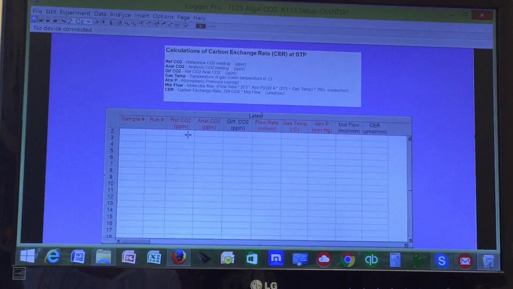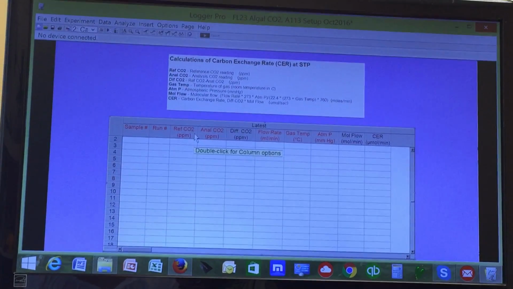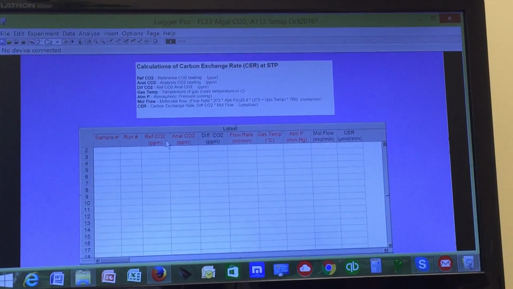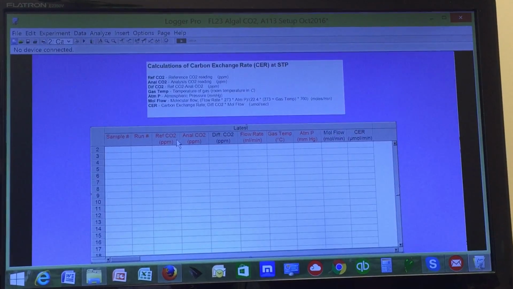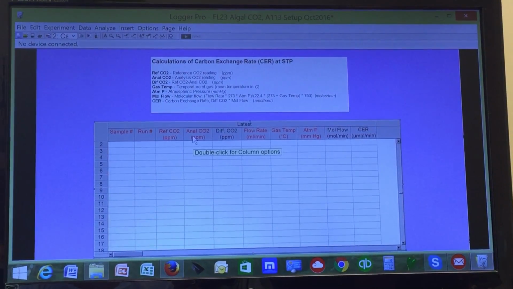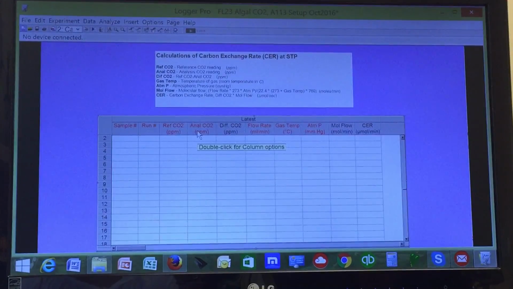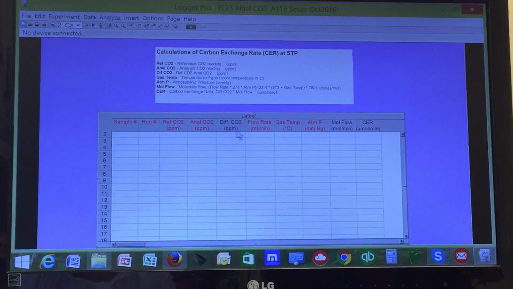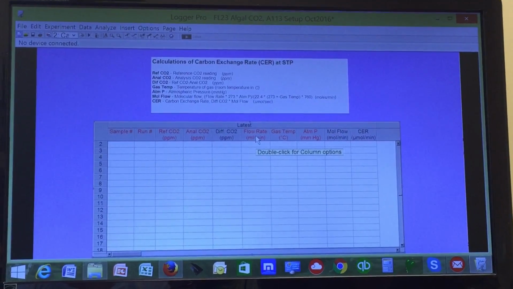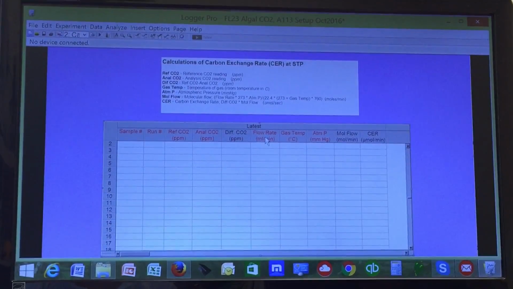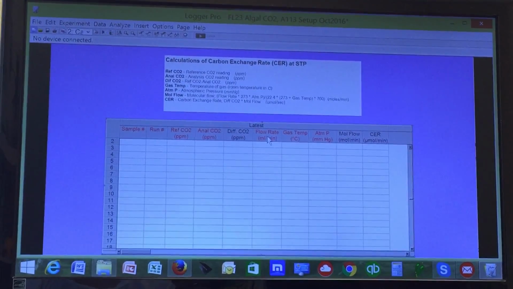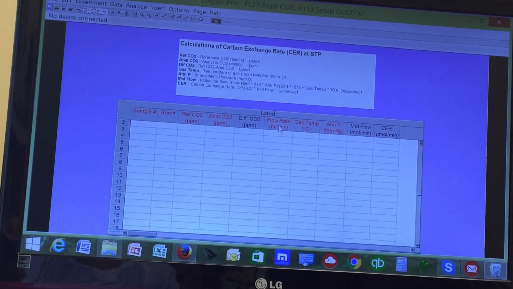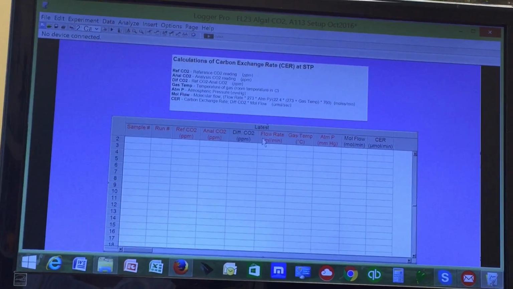The key parameters to enter is the reference CO2 level. So that's the level when the gas is flowing, bypassing the chamber with our algal culture. Analysis CO2 level, that's the level when the gas is bubbling through your culture. And the flow rate through the system, and that is being measured with our rotometer style flow meter, but if we have a mass flow monitor as part of the system, the data for that is also recorded.